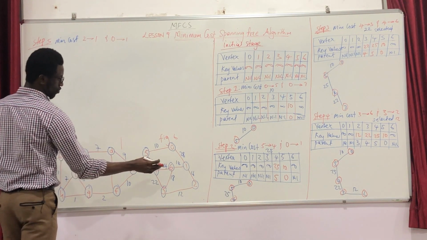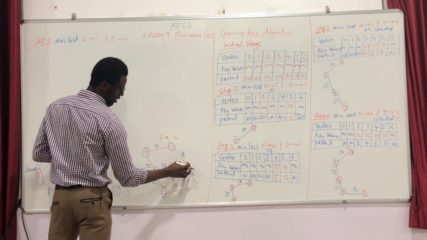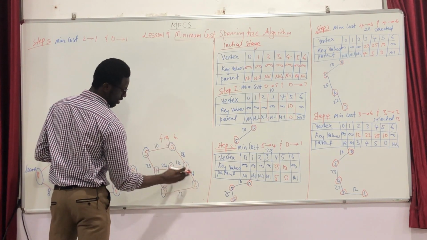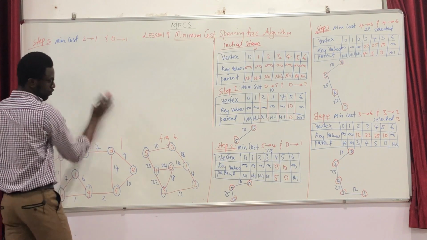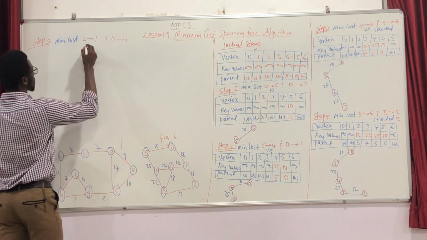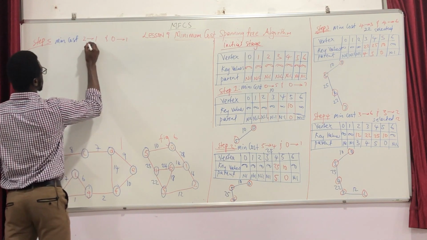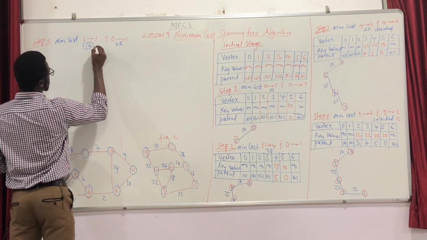So we'll compare these two. Or you can say 2 to 1 and 1 to this. But first we'll compare this one here. Then later we can compare the rest of the nodes. So 2 to 1 here has 16 and 0 to 1 has 28. This is 16, this is 28. So this one here is selected.